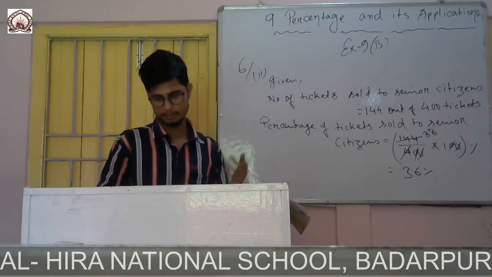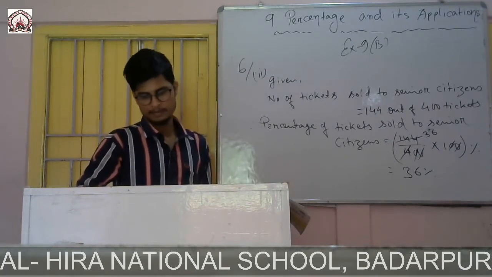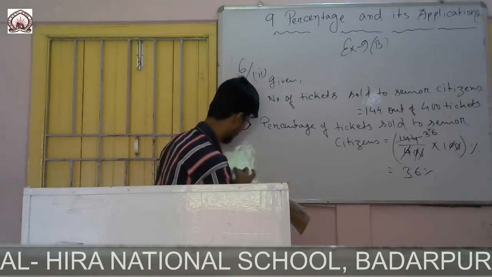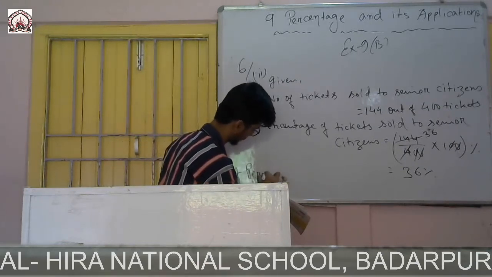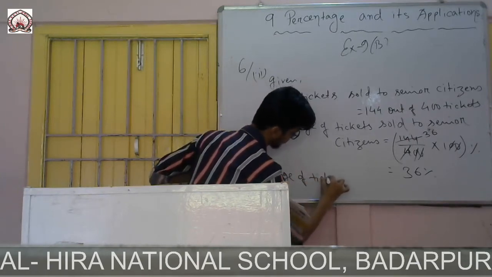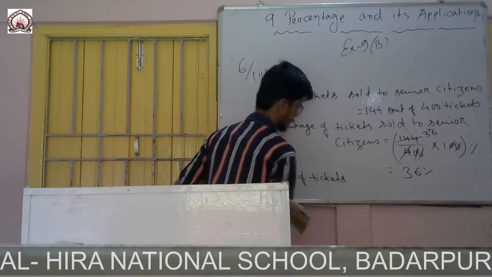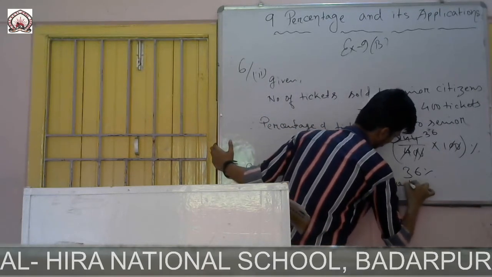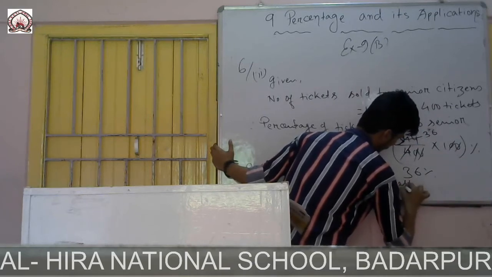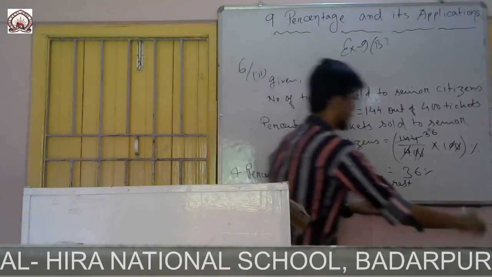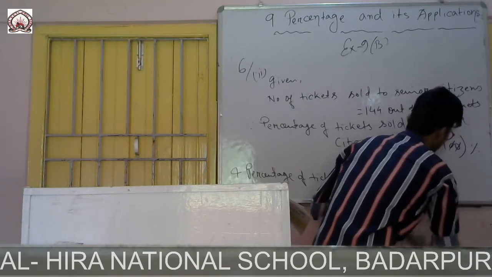Now the next part: find what percentage of tickets were sold to the rest. So you write: percentage of tickets sold to rest is equal to the total percentage, which is 100%.